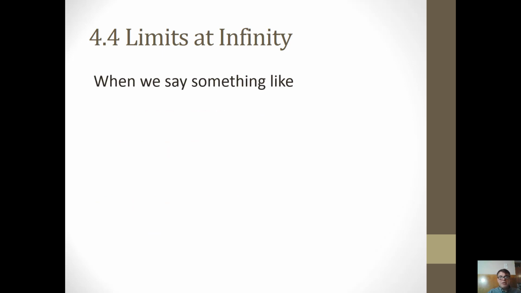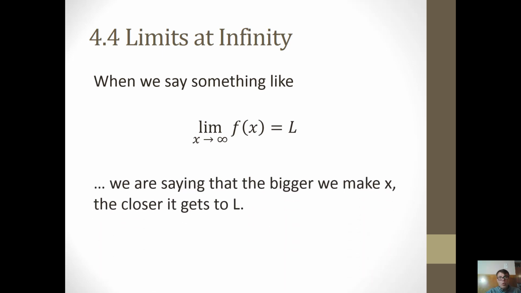When we say something like the limit as x approaches infinity of some function equals L, where L is a limit, what are we saying? We're saying that the bigger we make x, the closer it gets to some limit. Usually you're going to have some kind of horizontal asymptote here.